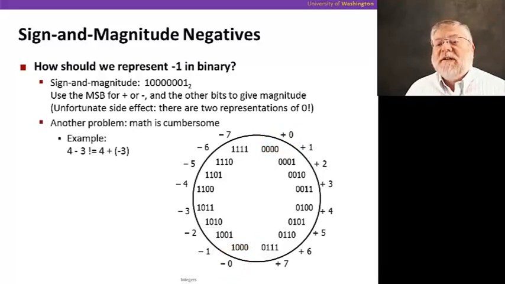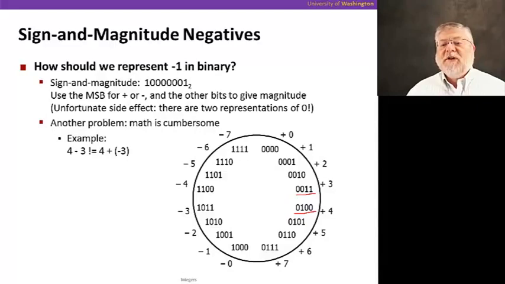Let's take a look at a little example. If I do 4 minus 3, that corresponds to the number 4 here, 0100, minus 0011. And if we do the arithmetic for that, of course we see that the value is 1.